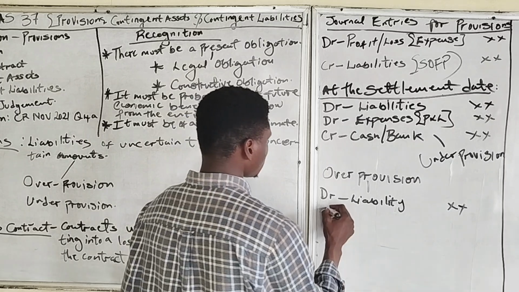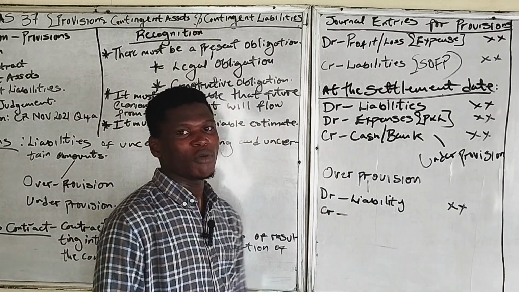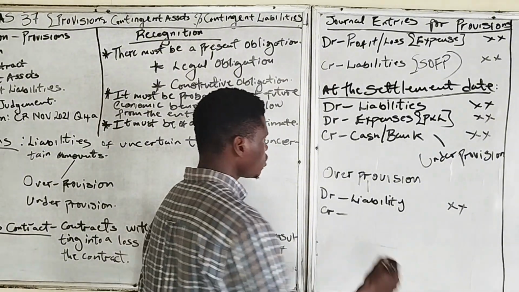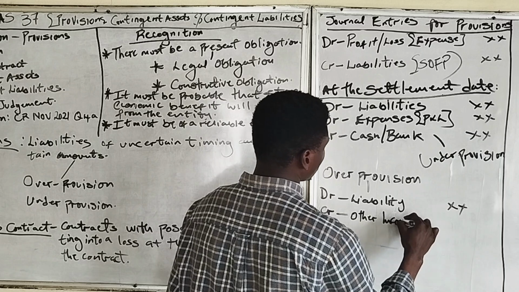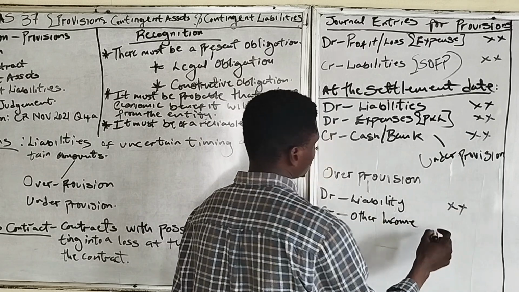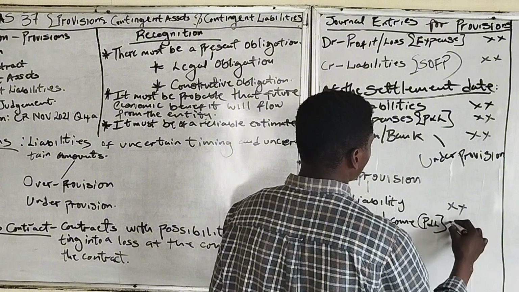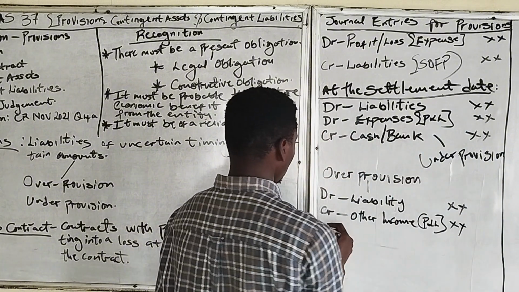Then we will credit the excess. We said we have provided more than what we needed. So the excess will be taken to income, which is other income, in P or L. Remember that this is the excess; the expense is also the excess.